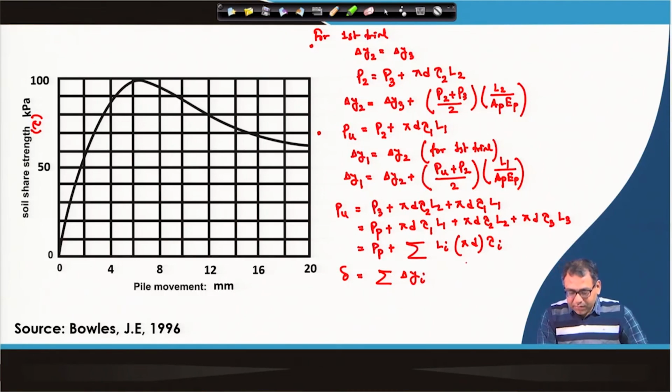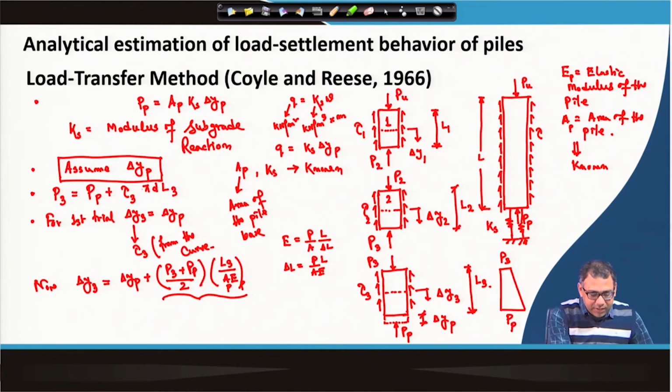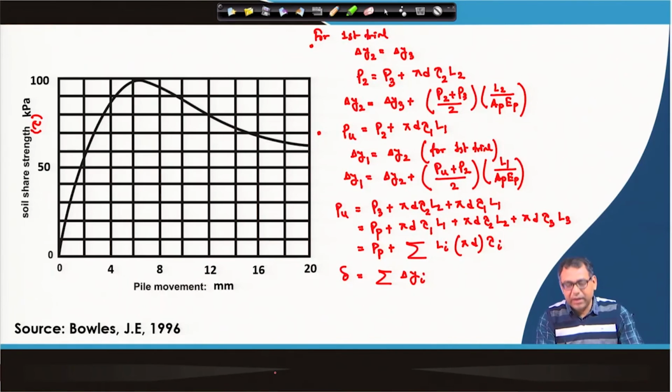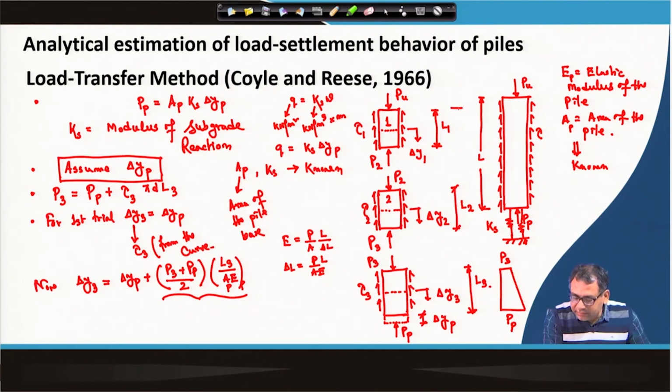So, that means, by assuming one particular del y p, we will get one P u versus delta. So, this delta is nothing but the deflection of the pile top. Okay. So, this delta is the deflection of the pile top, or I should show you that this is the delta part.